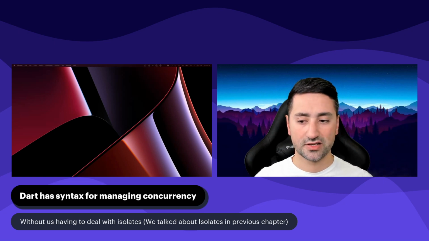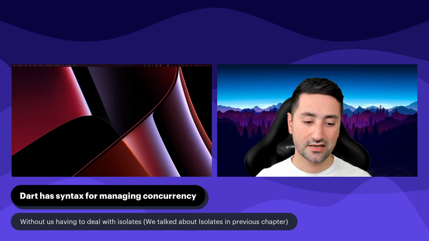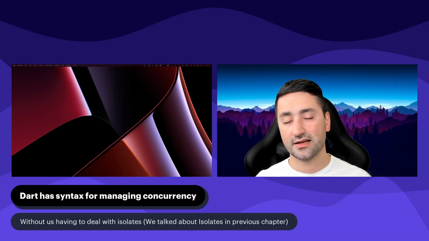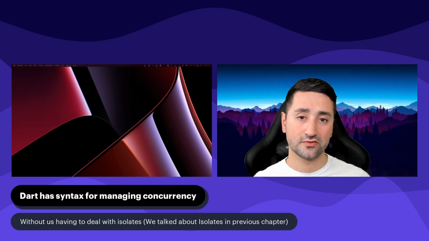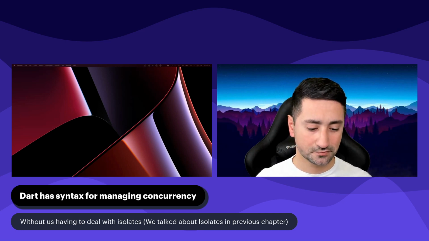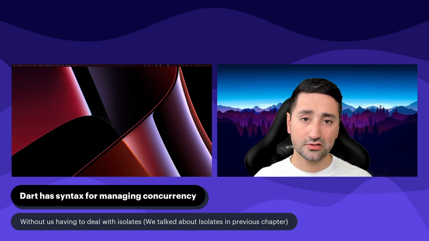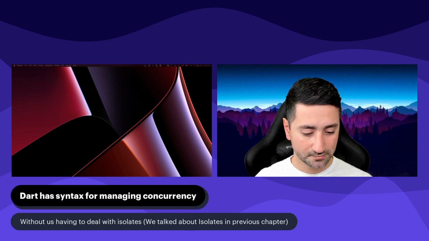That's one of the core parts of Dart's concurrency model, using async functions and the await keyword in order to wait for the response of an asynchronous function. So we're going to talk about these in this chapter. Don't worry if you're not familiar with async and await in Dart. I'm going to do my best to explain how they work in Dart and how you can take advantage of them.